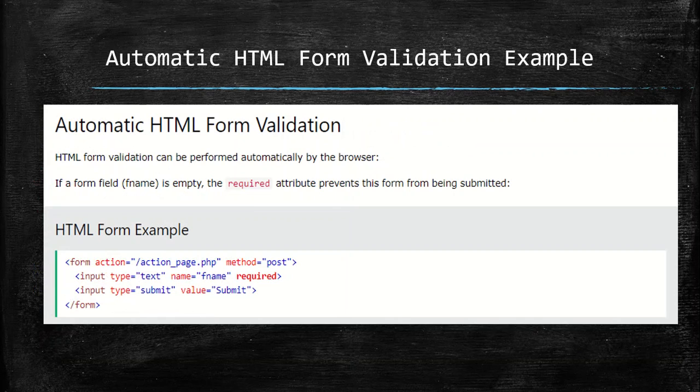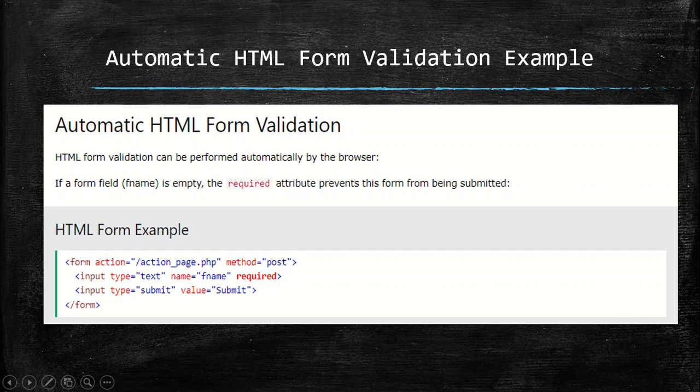With the automatic HTML form validation example, HTML form validation can be performed automatically by the browser. If a form field, here fname, is empty, the required attribute prevents this form from being submitted.